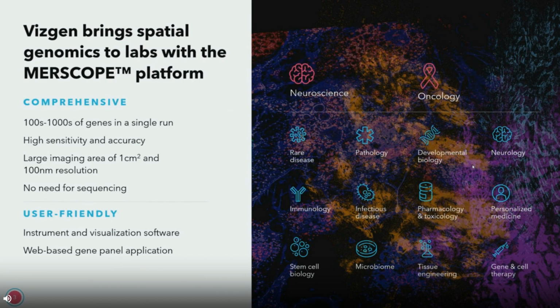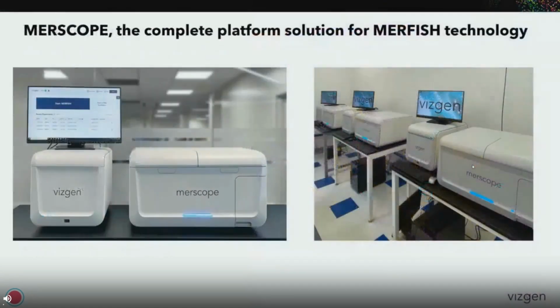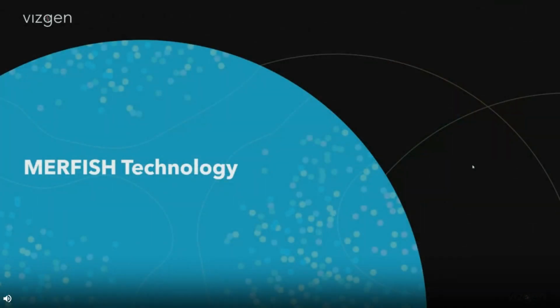This is an all-in-one user-friendly solution, which includes the upstream sample prep related reagents, instruments, and downstream visualization software. Highlighted here on this slide is the instrument that performs data acquisition and data analysis. In the next few slides, I'm going to walk you through the principles of MERFISH technology first.